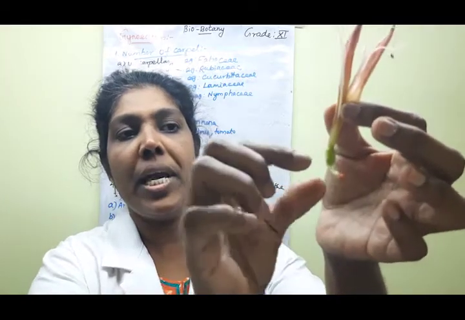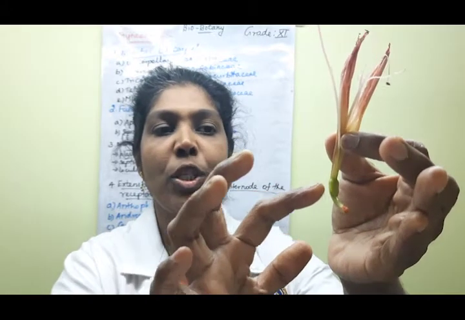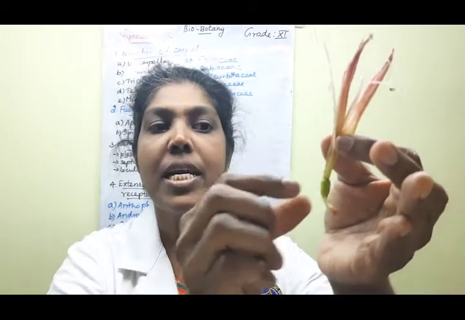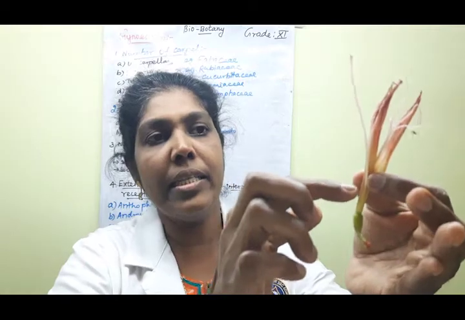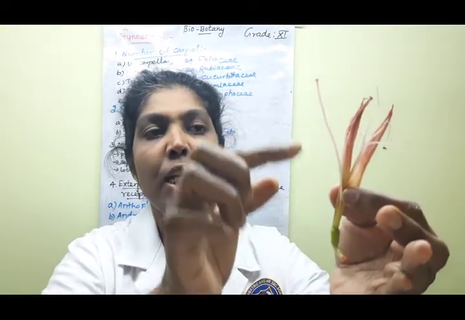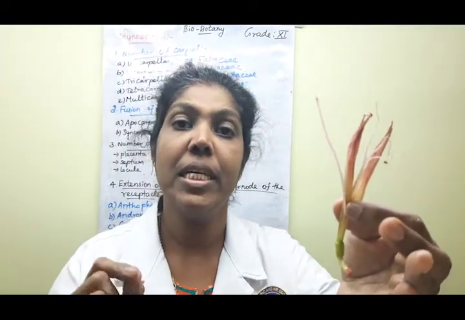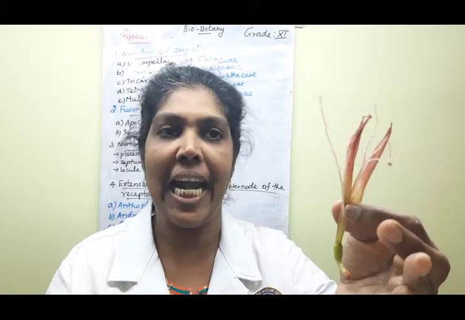Here there is an expanded portion, isn't it? This expanded portion is known as, what is that? The ovary. Clear? Then here there is a long elongated region. That elongated region is known as, very good, the style. Clear?